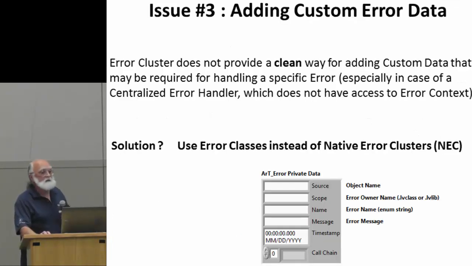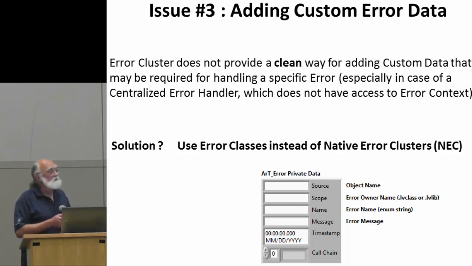Adding custom data. There is no clean way to add custom data to the error cluster. And people, as I said, use ad hoc tricks like error append. I used a completely different tag in my earlier implementation. That makes you incompatible with other stuff, with third-party code.